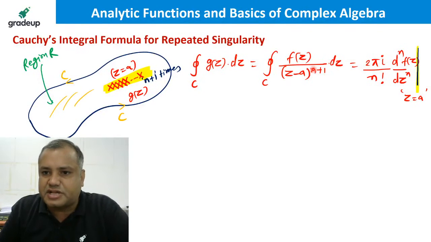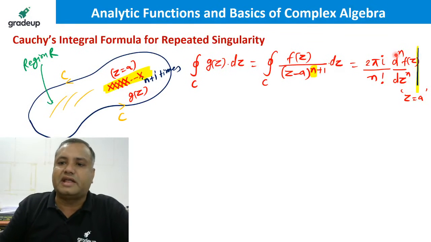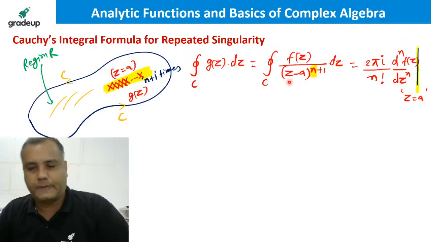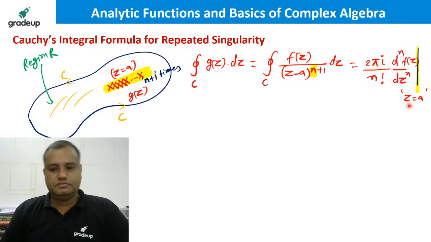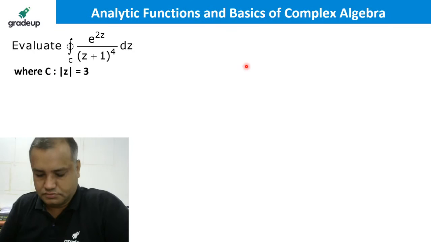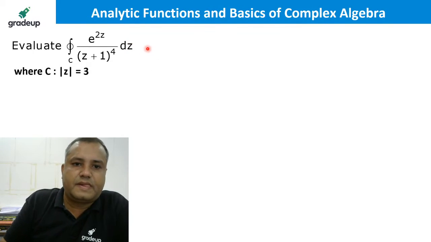If it is repeated n plus 1 times, you have to consider factorial n in the denominator, and the nth derivative with respect to z of f of z, evaluated at z equal to a.